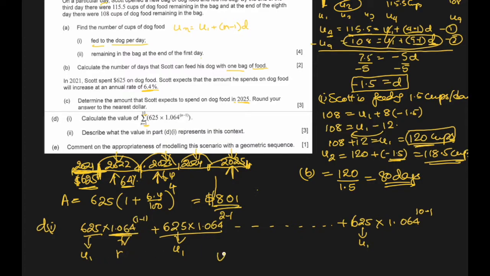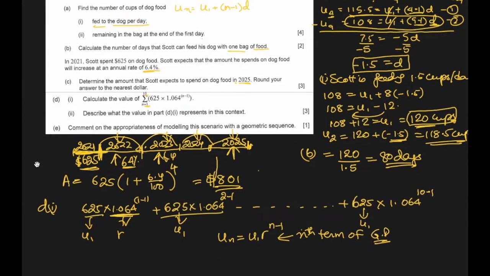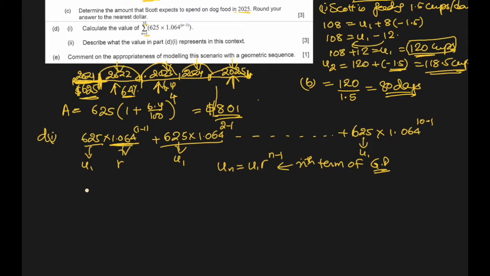So basically I can write Un equal to U1 times R to the n minus 1, which is the nth term of a GP, geometric progression. And this is what we will use here, because we know that the sum of a GP is U1 times r to the power n minus 1 over r minus 1.